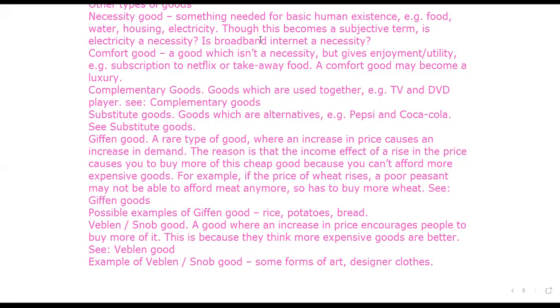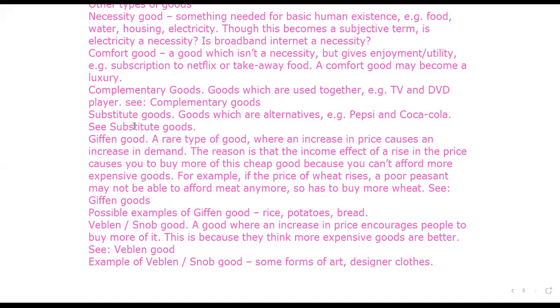Comfort goods are goods which aren't a necessity but give you enjoyment, such as a Netflix subscription or a takeaway. A comfort good may be a luxury good. Complementary goods are goods which are used together, like TV and DVD. Substitute goods are goods which are alternatives to each other, like Coke and Pepsi.